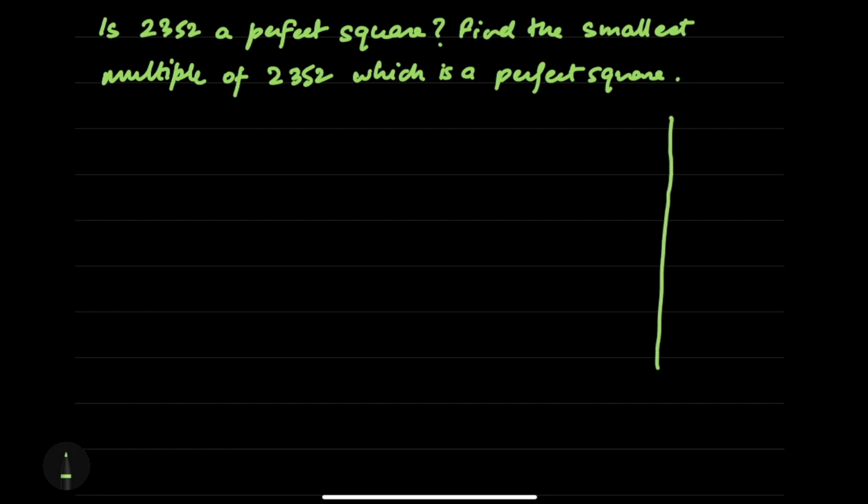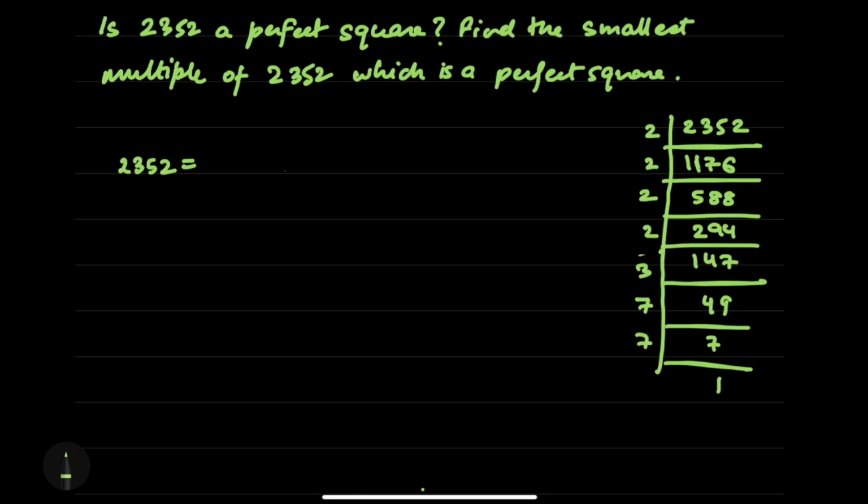In such a question, we'll first take the prime factorization of 2352. We'll do this very quickly. So 2352 can be written as 2 into 2 into 2 into 2 into 3 into 7 into 7. Let's make the pairs. So we have a 2 into 2, another 2 into 2, and one 7 into 7. We know now that 3 is left out, or unpaired.